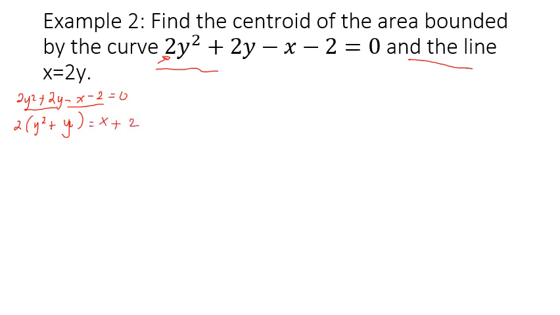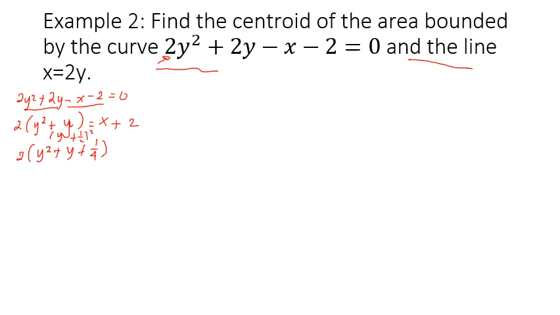So I need to complete the square so that I could get the vertex. So you have 2 times y squared plus y. What should I add and what should I subtract to complete the square of this equation? So maybe I will add 1/4, which is equal to y plus 1/2 quantity squared.